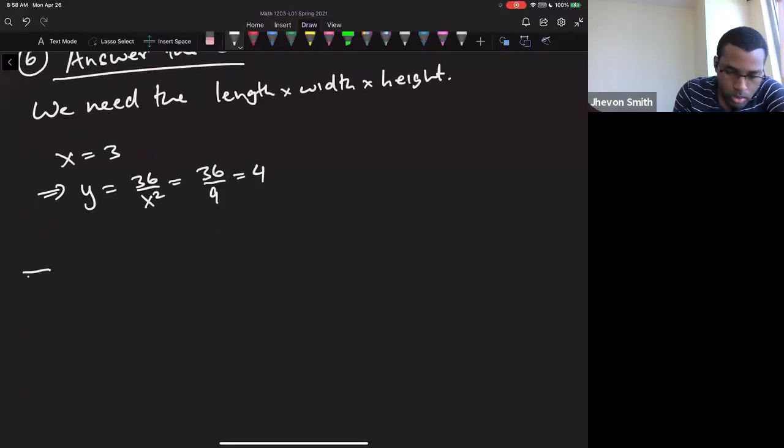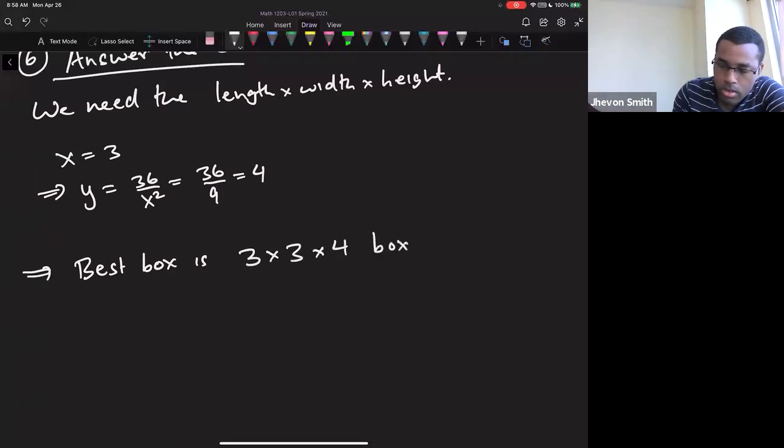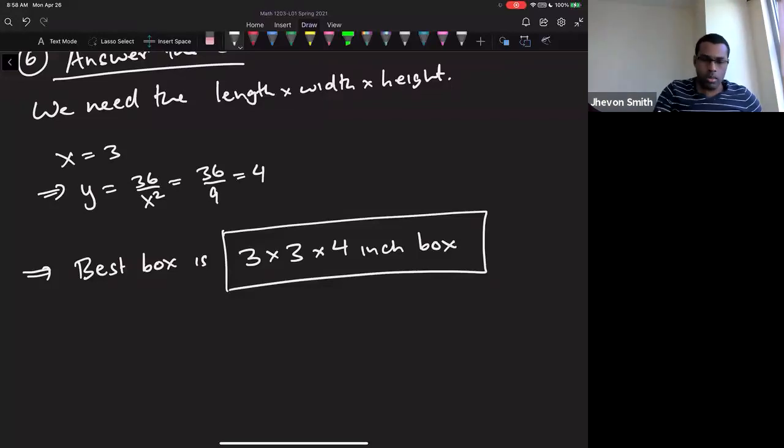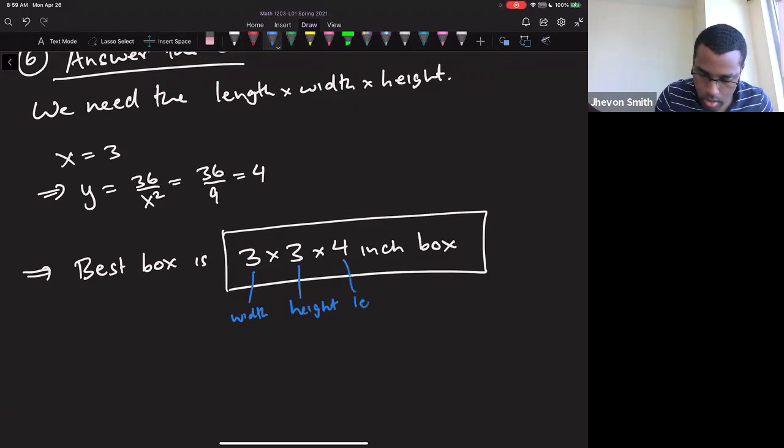And so the best box is a 3 by 3 by 4 box. Right, where this guy is like the width, the height, length.